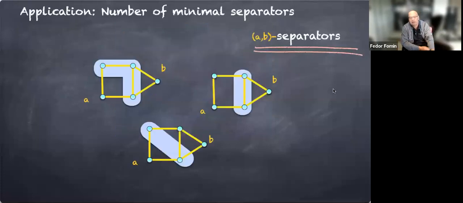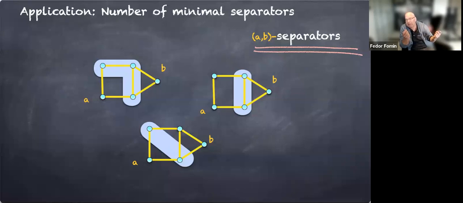And yesterday I stopped at the application on counting the number of minimal separators in the graph. So, a reminder once again: what is an a-b separator? I have two vertices a and b, and a set of vertices in a graph is an a-b separator if this set separates a and b.